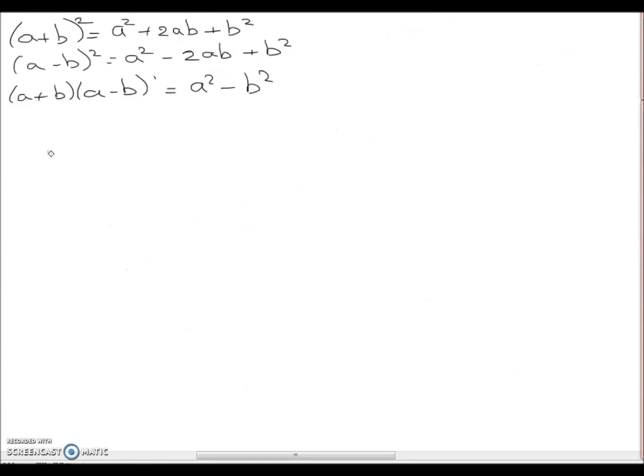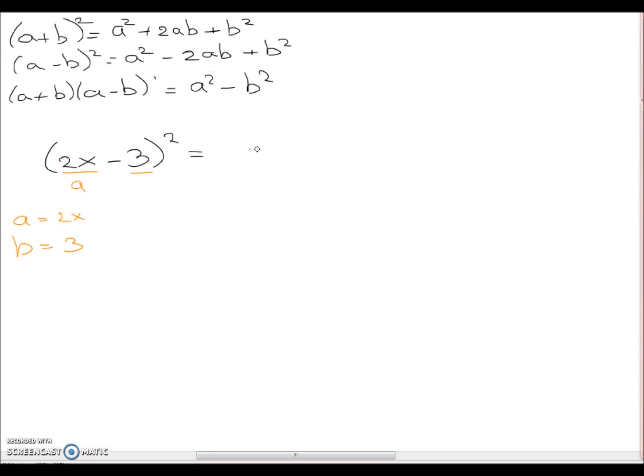So how do we use these remarkable products? Let's say we want to square 2x minus 3. Then in this case, our A is 2x, our B is 3. So again, what do we have?